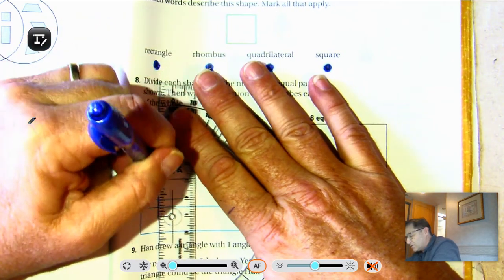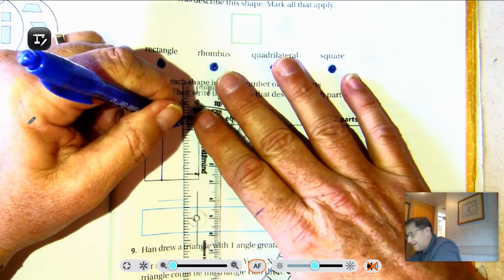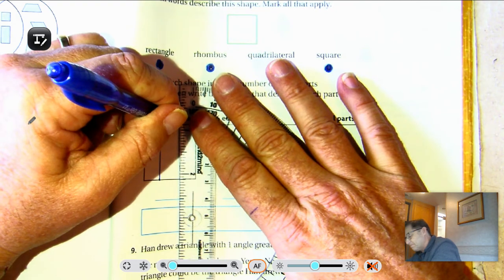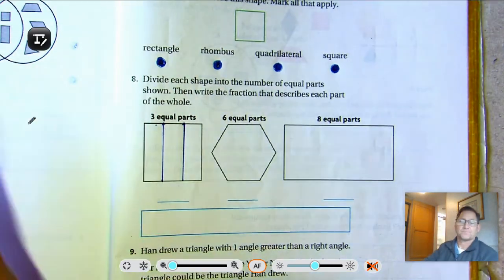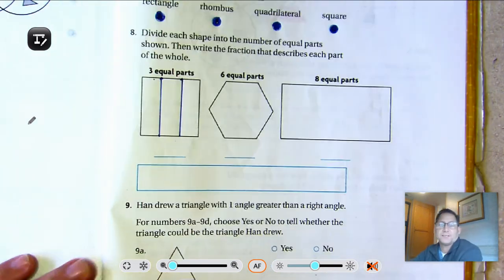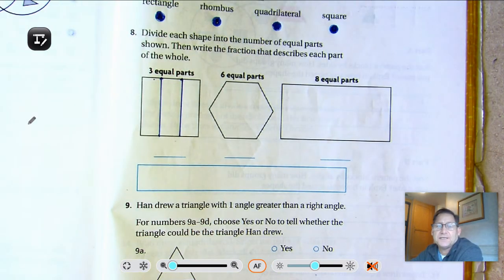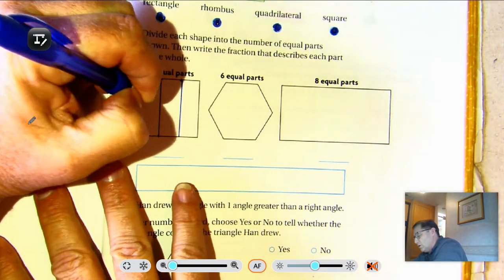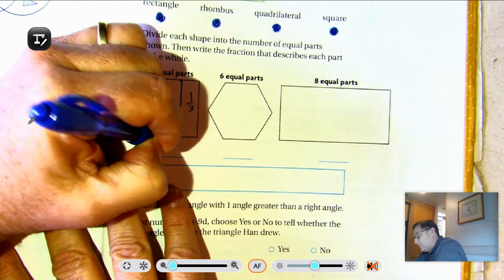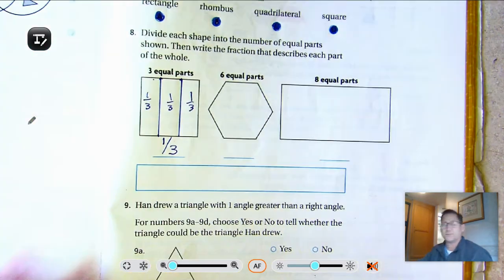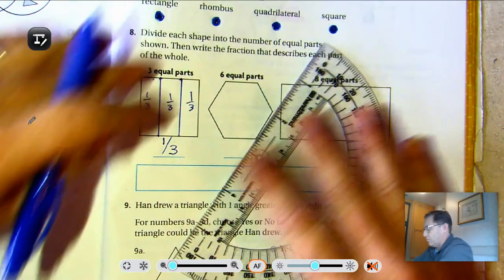You want to get as close to equal parts as you can. So 3 equal parts. Write the fraction that describes each part of the whole. Well, this is 1/3, 1/3, 1/3. So 1/3. 6 equal parts.